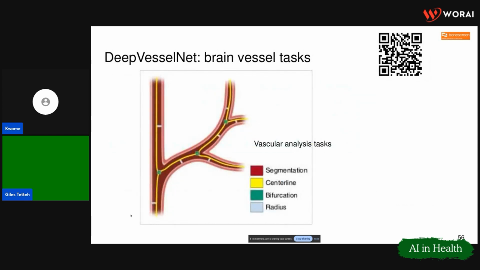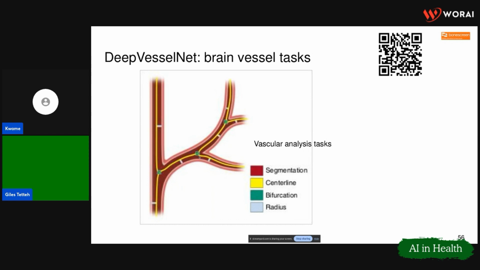Yeah, and then the next task is like several things put together, DeepVesselNet. This is the paper I was discussing in the beginning, and here the idea is to segment the brain vessels, and then also detect or predict the centerline, the center of the vessel, and then what we call bifurcation.